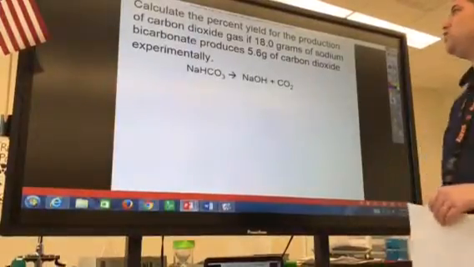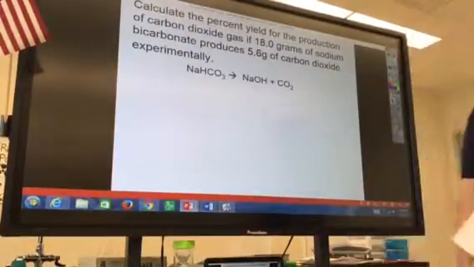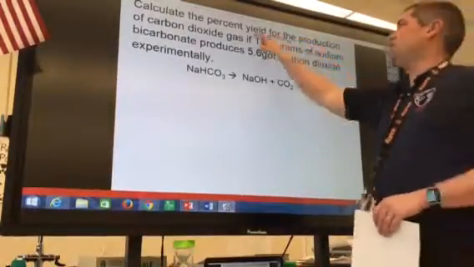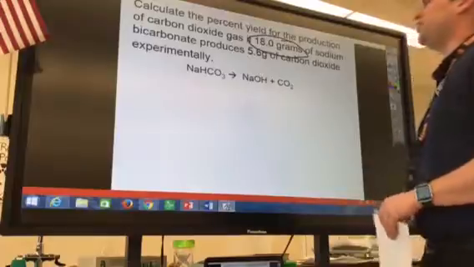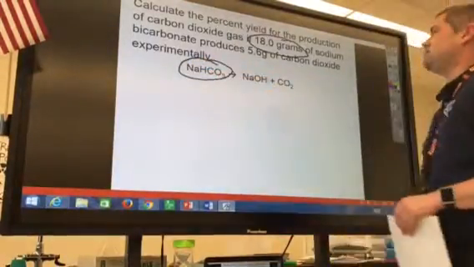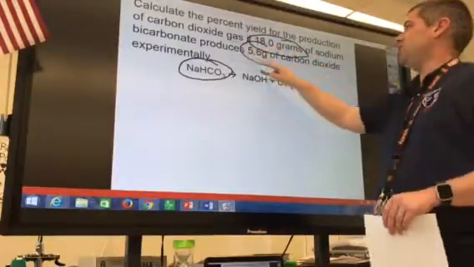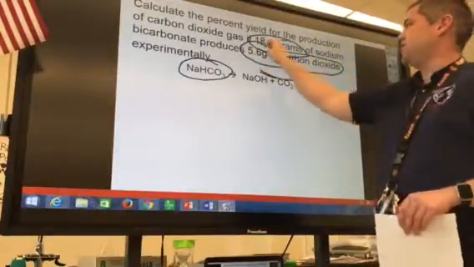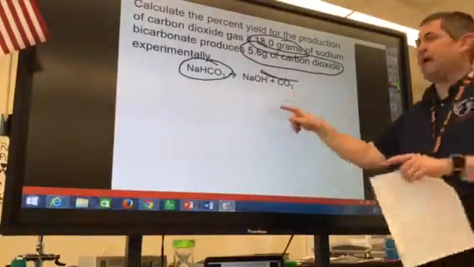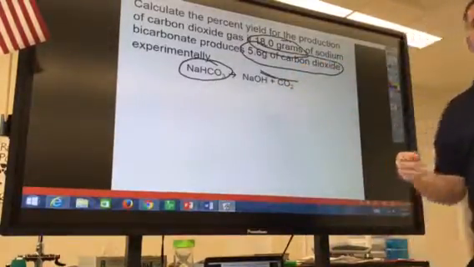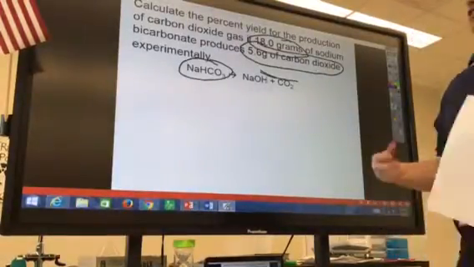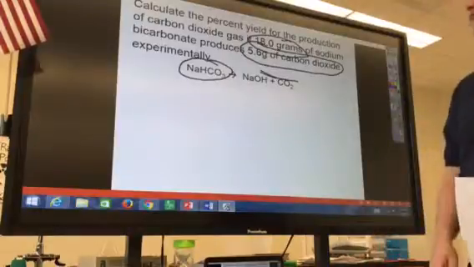Calculate the percent yield for the production of carbon dioxide gas at 18 grams. I go ahead and circle what I have: 18 grams of sodium bicarbonate, which is right here, produces 5.6 grams of CO2. This is what I measure in the lab, so this is what I'm after. I notice right off the bat that my coefficient is a 1-to-1 ratio. But first I have to convert sodium bicarbonate into moles.